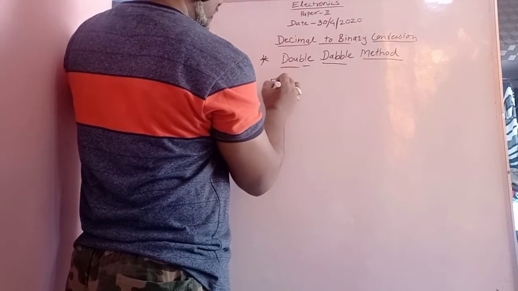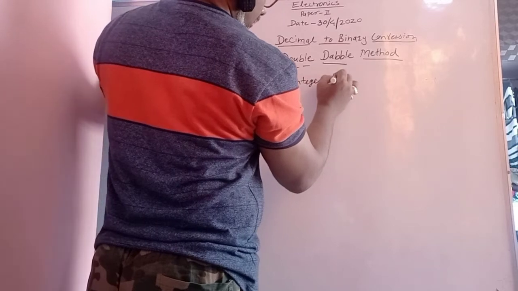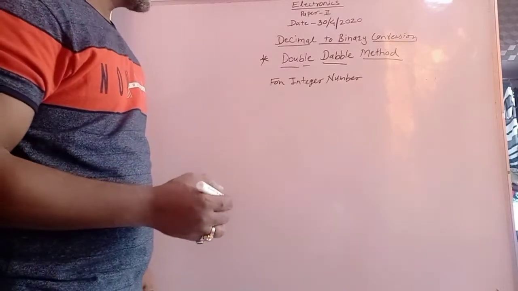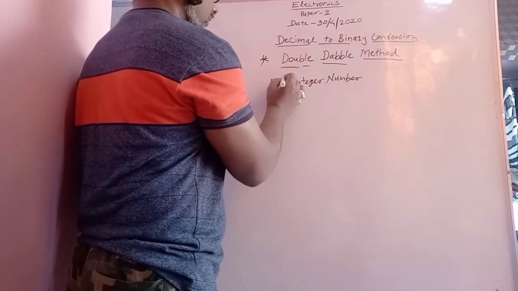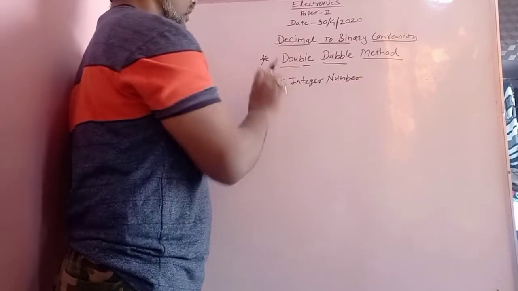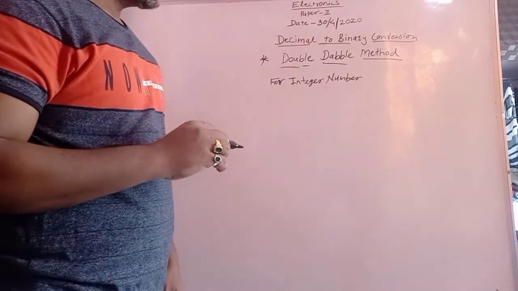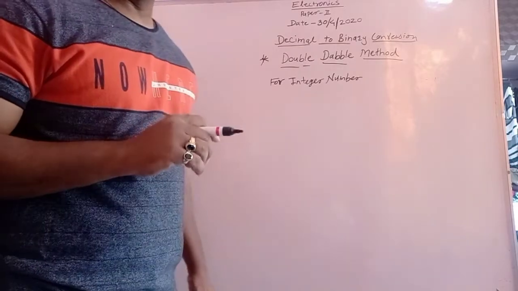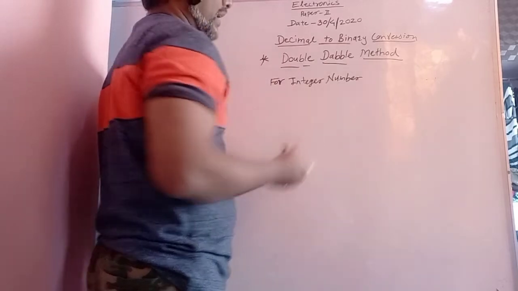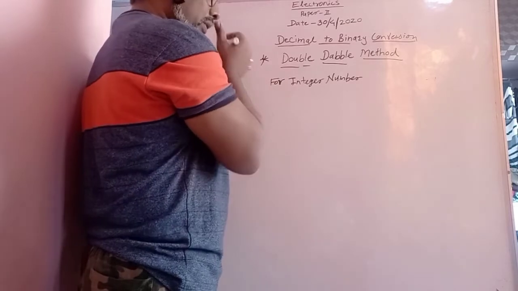For an integer number, we divide this number successively by 2 for conversion of the integer number into its equivalent binary number. So for the given number, what you have to do?